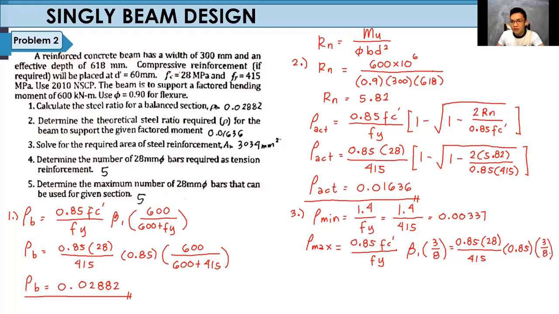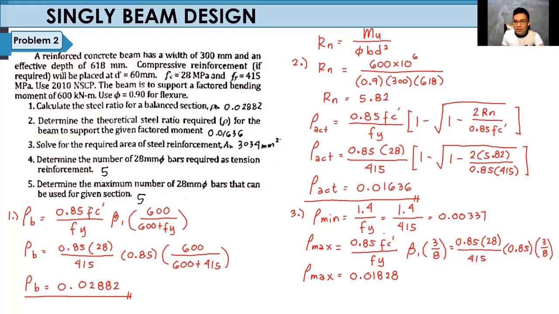Okay? So, therefore, raw maximum natin is equivalent to, sabi dito, 0.0182. Okay? So, next thing is, compare natin kung saan dito sa tatlo yung gagamitin natin.